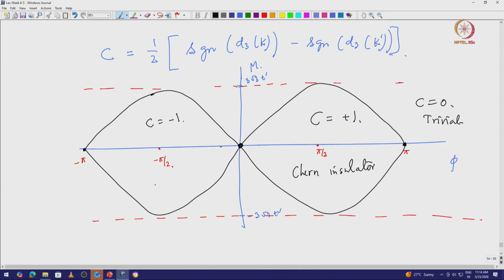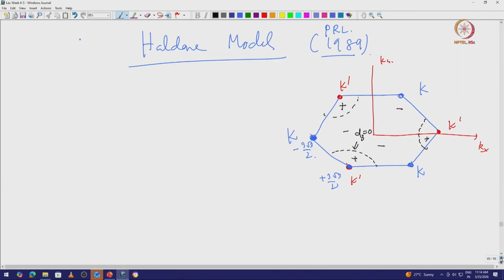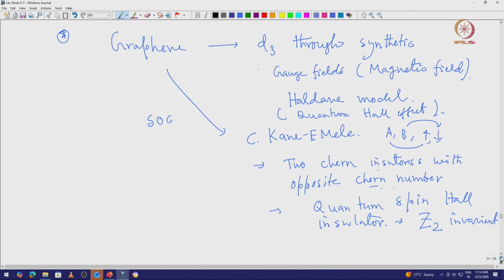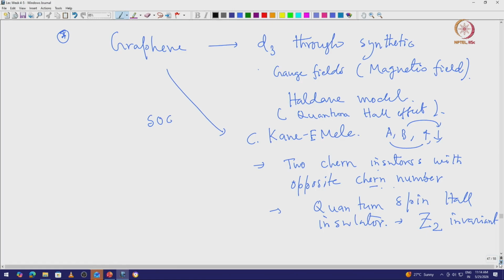Okay. So this gives us the first hope, or a model, to get a quantum Hall effect or quantum Hall insulator without really a magnetic field from outside.